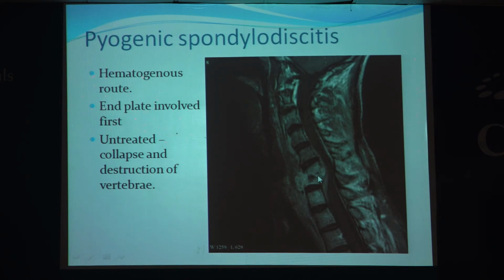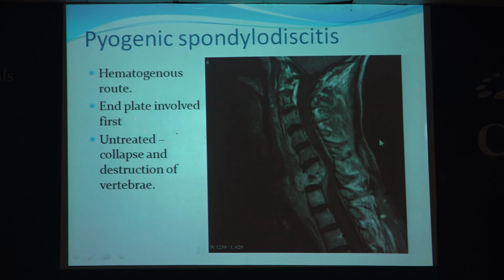Disc destruction is very early in pyogenic spondylodiscitis. So the vertebra-disc complex is usually involved, and there might be paravertebral soft tissue. This is the prevertebral soft tissue, and this is the epidural soft tissue which we can see that is causing myelopathy, that is compression over the cord.